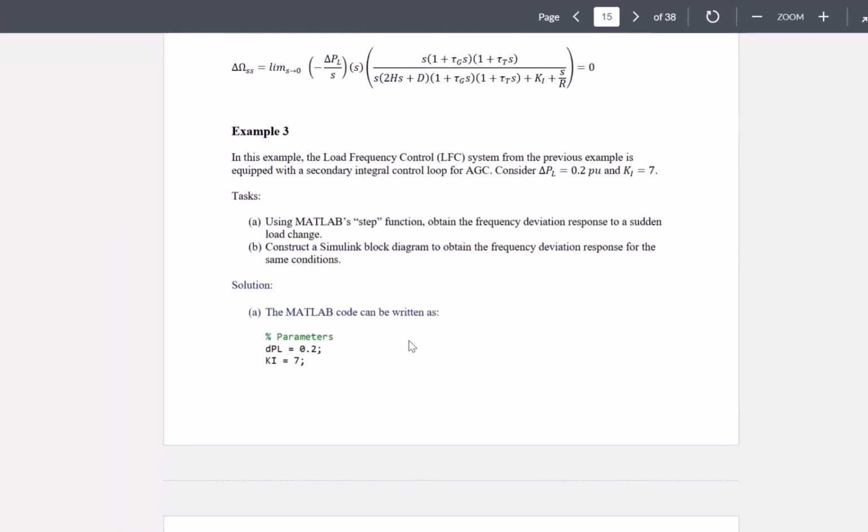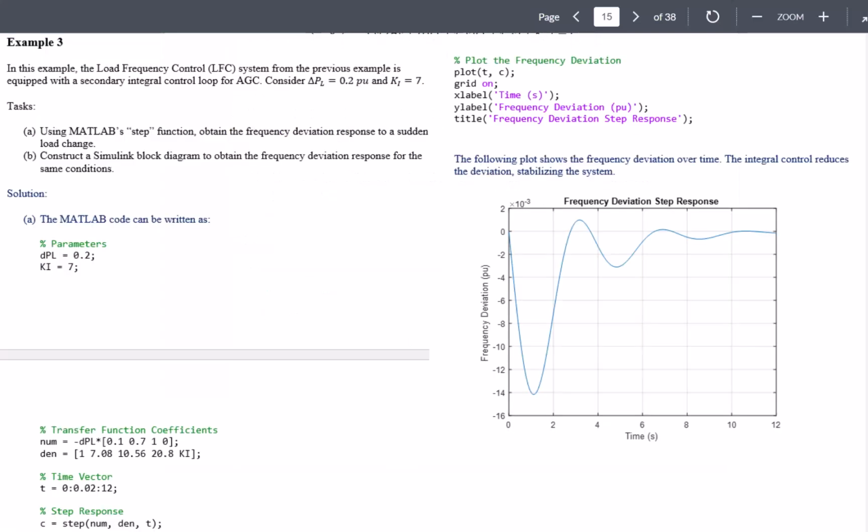And here is a MATLAB example. In this example, we're going to use the step function. Using the step function, we want to show that the error in frequency goes to 0 after a while. And you can see that if you use these commands through MATLAB, you can show that for the system where Ki was selected to be equal to 7, then the frequency error would go to 0.